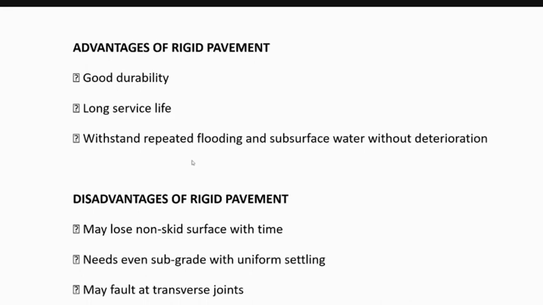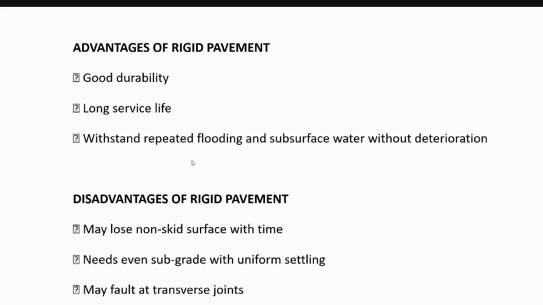And we need to have joints for the design part of rigid pavements. Those joint maintenance, we need to avoid the failure at the joints, and the joint filling needs to be taken care of frequently. Then as it is a slab action, non-uniform settlement may take place.